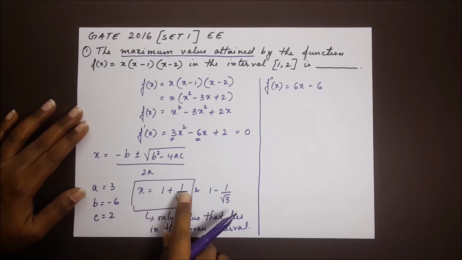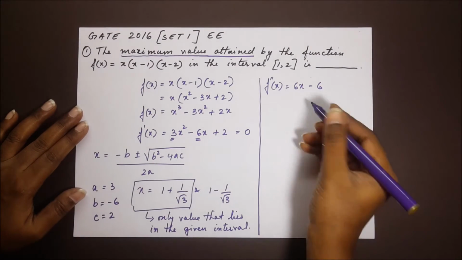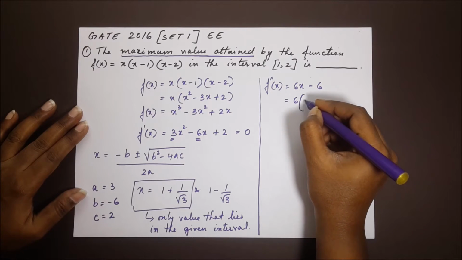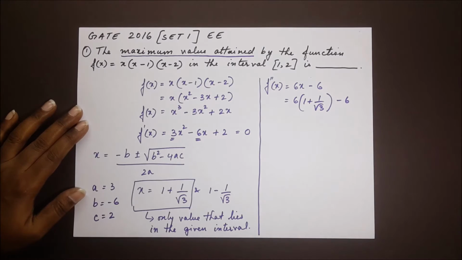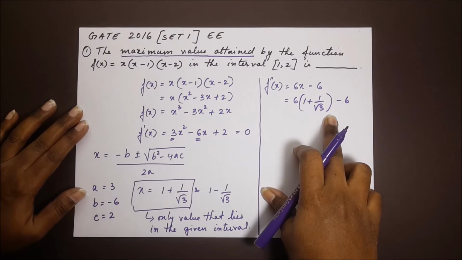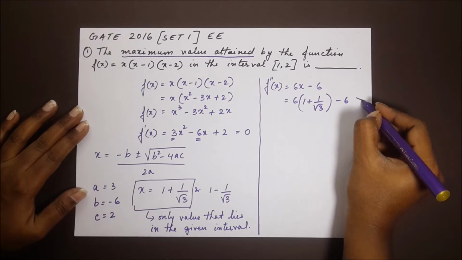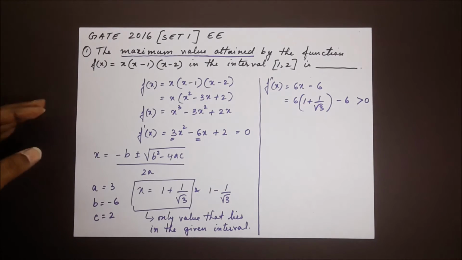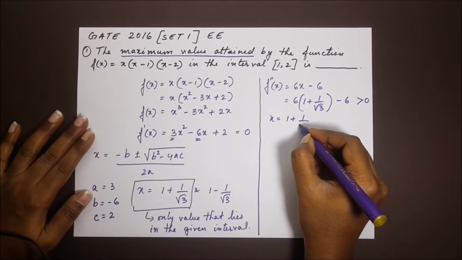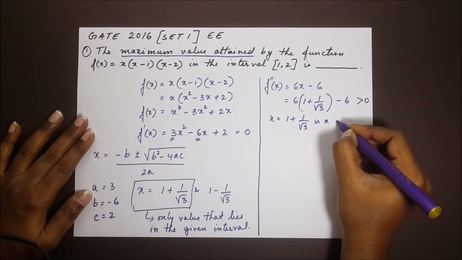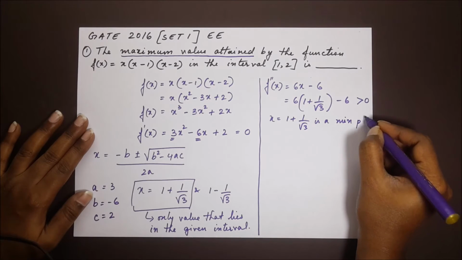So 1 plus 1 by root 3, substitute that in place of x here. 6 times 1 plus 1 by root 3 minus 6. Now when you solve this, you will notice that the value will be greater than 0. So this tells us that the point x equals 1 plus 1 by root 3 is a minimum point.